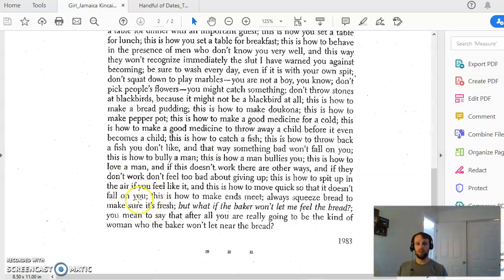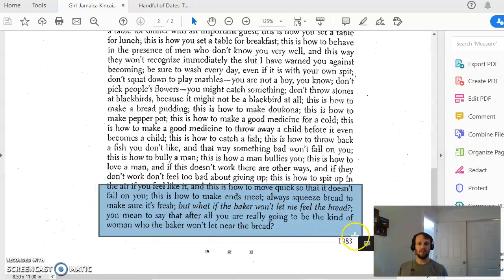Here's another one where you had a specific question, the end here, where it's talking about the baker and the bread. It says, "Always squeeze bread to make sure it's fresh. But what if the baker won't let me feel the bread? You mean to say that after all this, you're really going to be the kind of woman the baker won't let near the bread?"